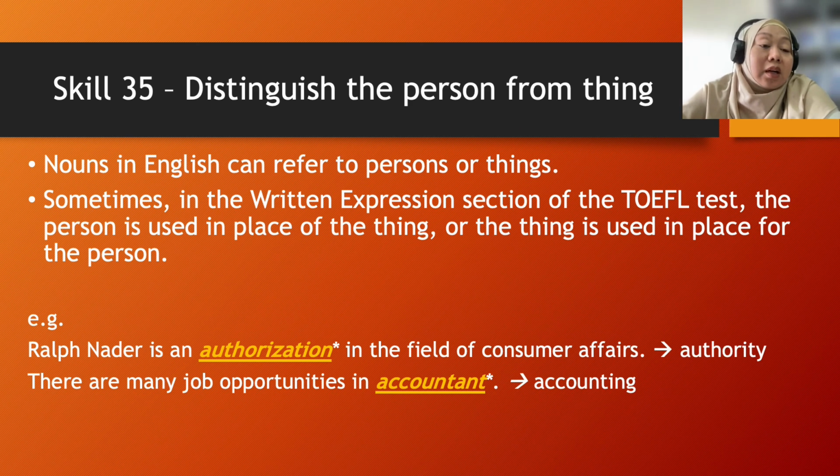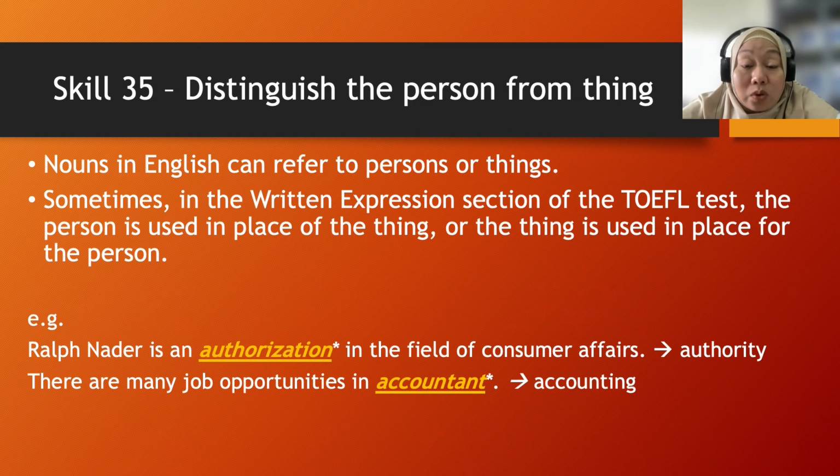For example, Ralph Nader is an authorization in the field of consumer affairs. And the second one, there are many job opportunities in accountant. Okay, so if you are aware here, Ralph Nader is clearly a person. It's impossible that Nader is an authorization. So when it is a person, then it should be authority instead of authorization.